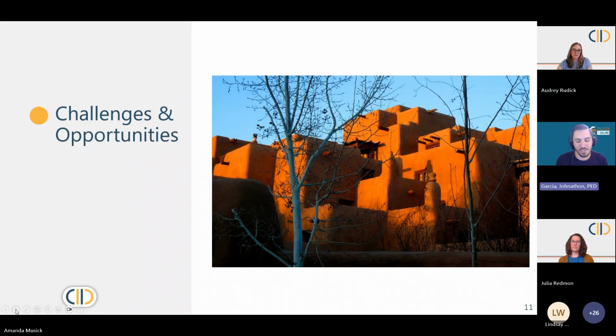So one of our biggest challenges when we did this entire transition of both of our systems was that our data collection system did not transition as well as we wanted it to.